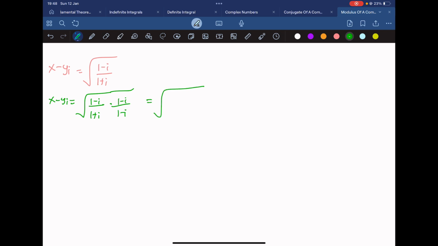So now if we multiply the numerators, we are going to get 1 minus i plus i squared. But note that i squared is just negative 1. In the denominator, 1 multiplying 1, we have positive 1. 1 multiplying negative i, we have negative i. i times 1, we have positive i. i times negative 1, we have minus i squared.